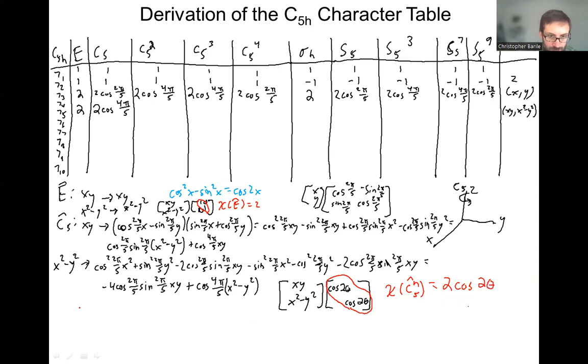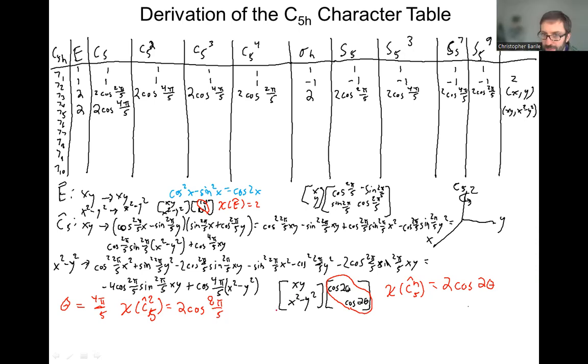So now we can just go through and think about, all right, if we have theta equal to 4 pi over 5, we're doing twice as much rotation for the C5 squared, then our character of C5 squared is going to be equal to 2 cosine 8 pi over 5.